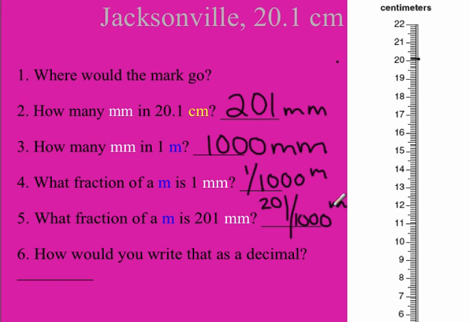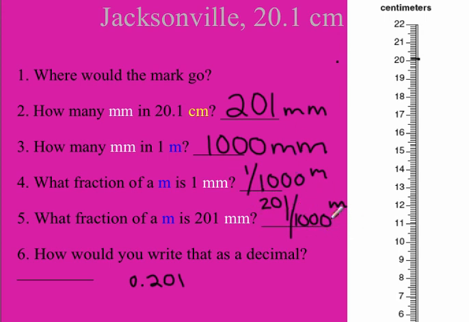Now we get to change it into a decimal. We know that we're working with 1,000 here, so we're going to have a decimal in the thousandths place. So I am going to write 201 as a decimal as 201 thousandths.